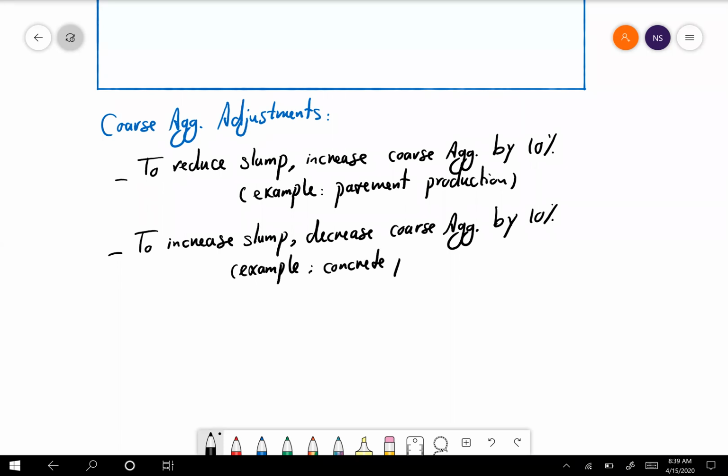Let's say you are building a high-rise building and you want to pump concrete into the higher floors, for the floor slabs. You need a more fluid concrete, a higher slump. That's when you decrease the amount of coarse aggregates. That's pretty much what we need to know about the coarse aggregates.